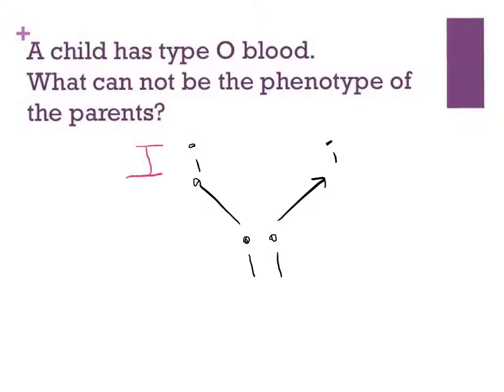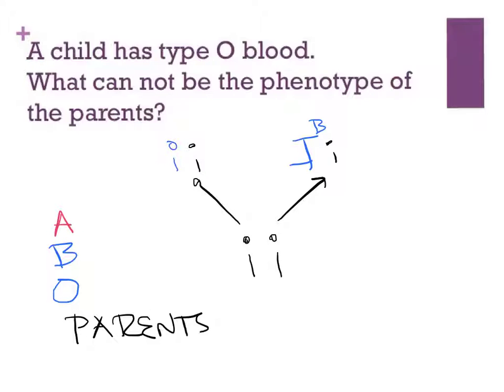So it could be that the parent is type A. It could be that the parent is type B. It could be, if we erase that, that this parent is type O. But one thing the parent cannot be is AB, because if it was AB, there would be no little i allele to pass on.